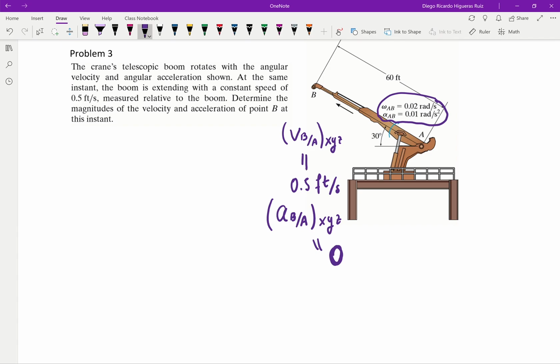Determine the magnitudes of the velocity and acceleration of point B at this instant.